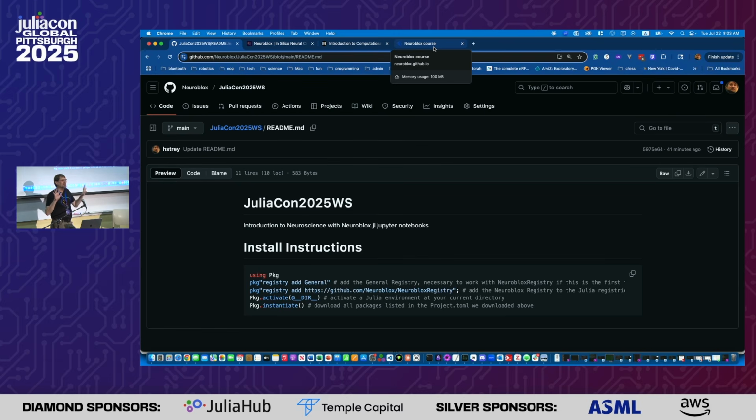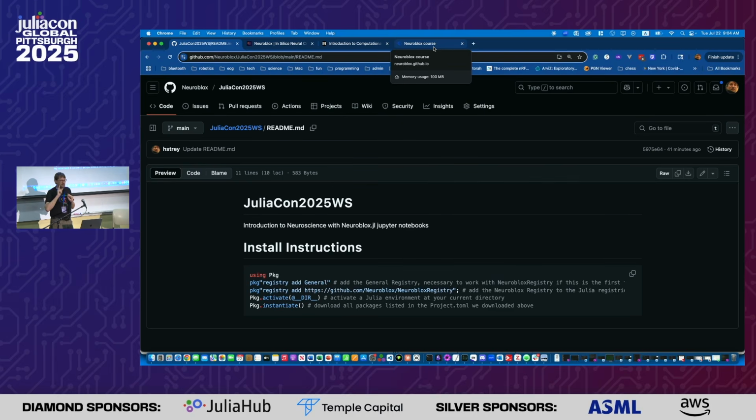So let me repeat this again. If you want to follow along with our presentation and the notebooks and the running of the code, you go to github.com Neuroblox/JuliaCon 2025 WS workshop. Go and clone the repository on your computer.